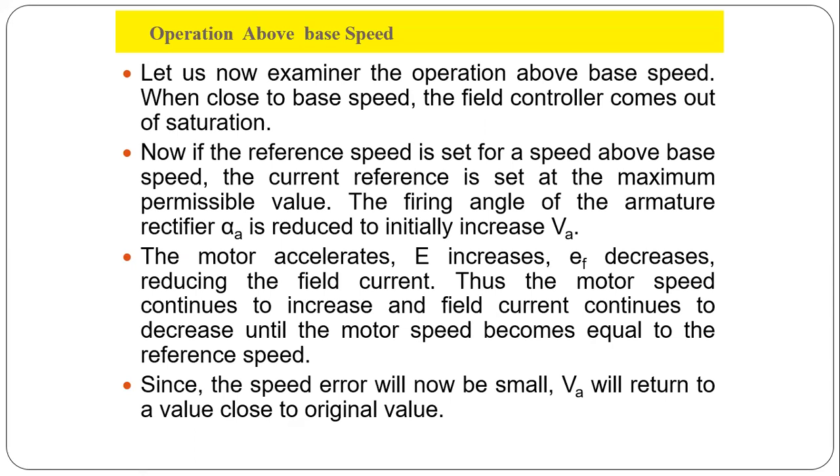If the reference speed is set above base speed, the current reference is set at the maximum permissible value and the firing angle of the armature rectifier is reduced to initially increase the armature voltage.